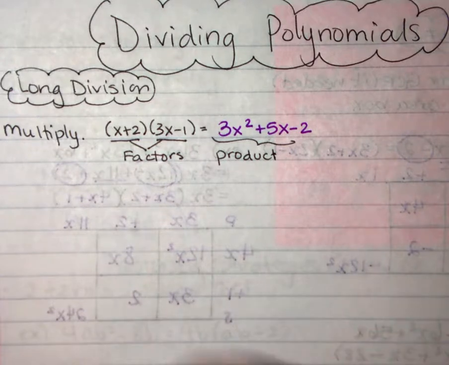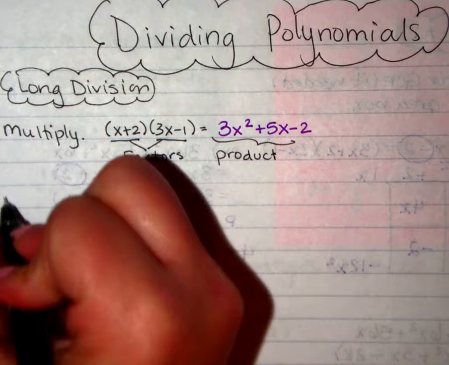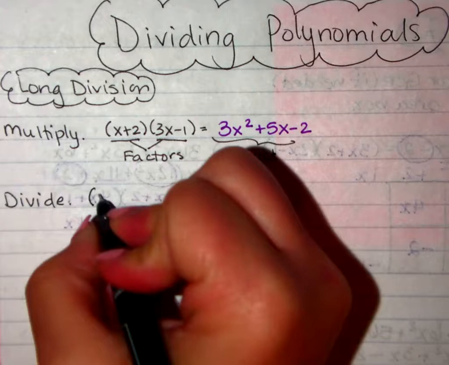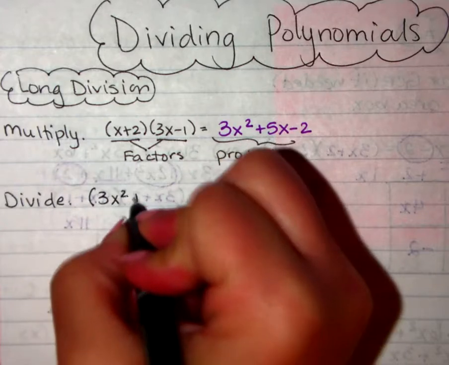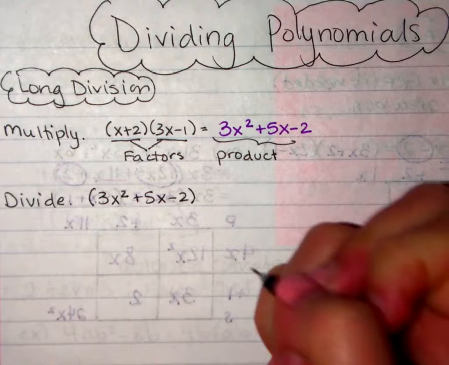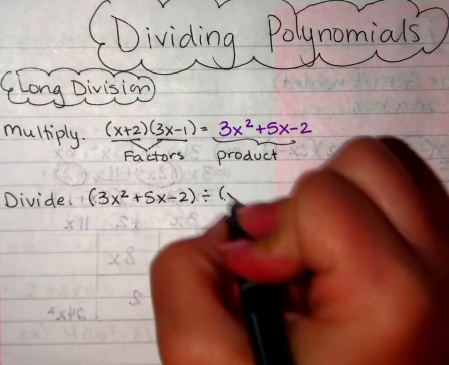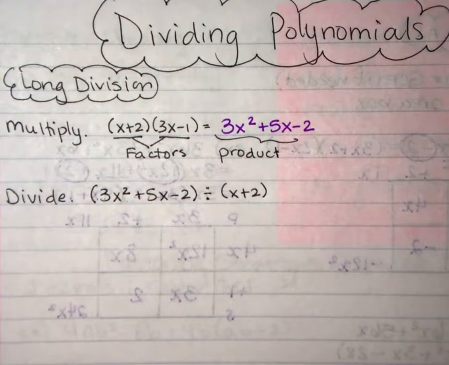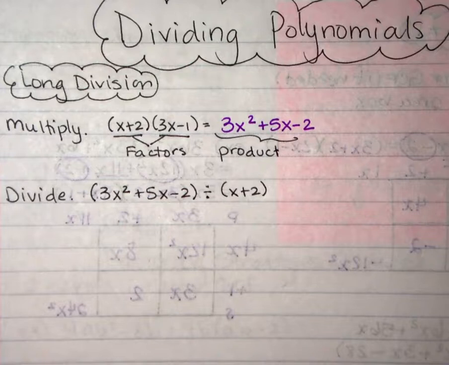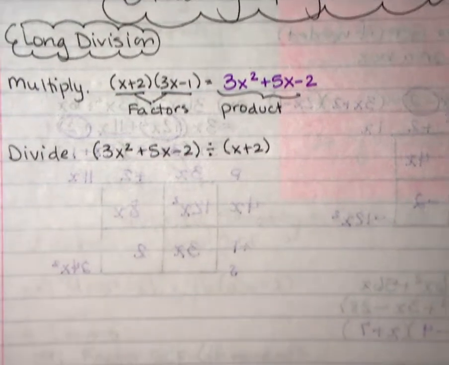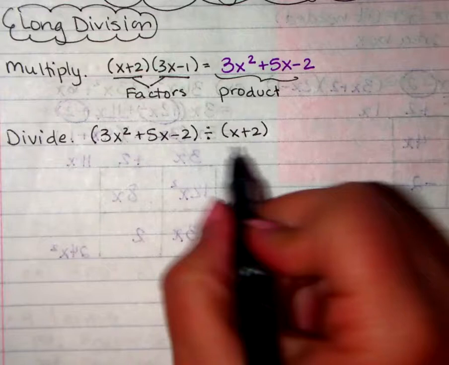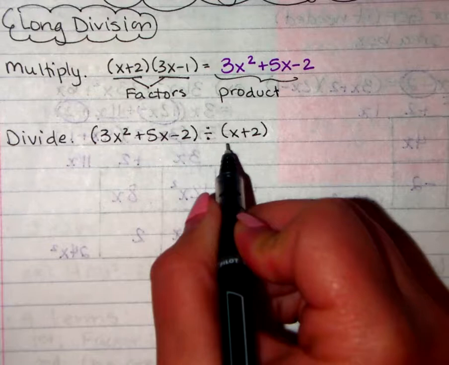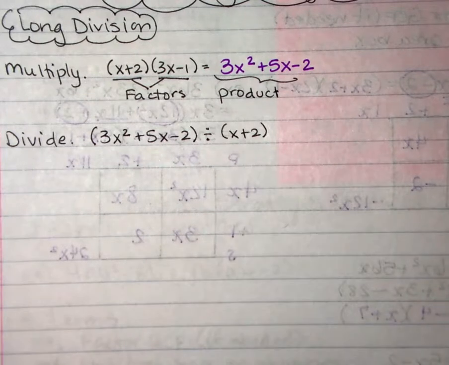I would want you to divide 3x squared plus 5x minus 2 by a factor of x plus 2. When I ask this question, I'm asking a few different questions. What is the result when I divide this polynomial by this polynomial? What is the resulting polynomial when I do this operation of division?